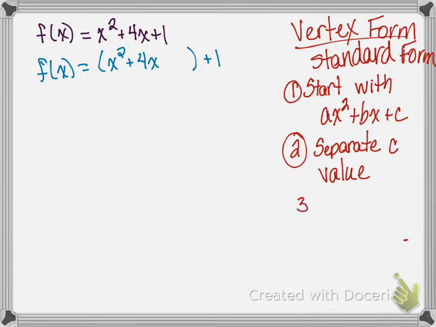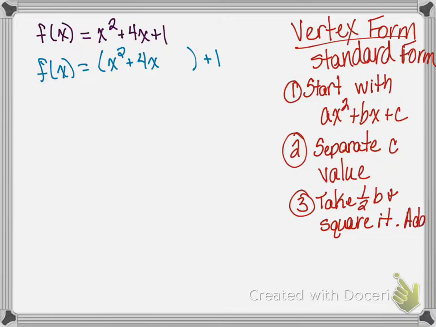So now I'm going to take half of b and square it, and I'm going to add that inside the parentheses.